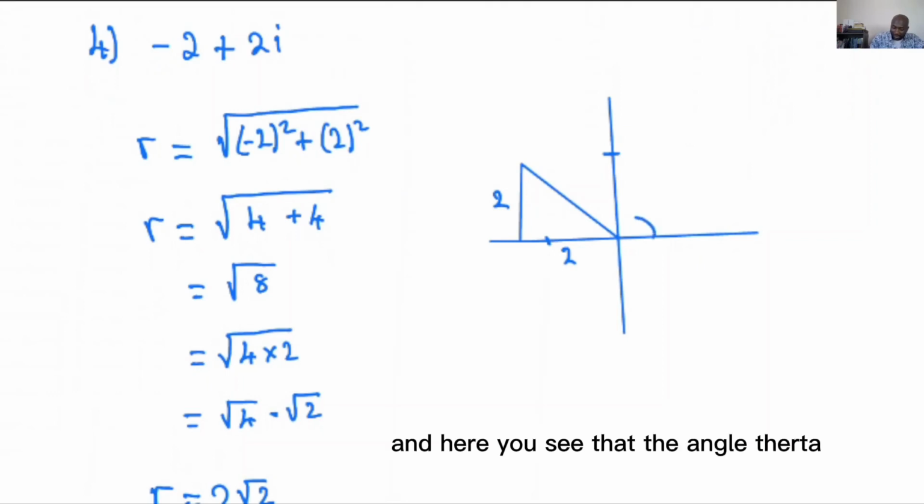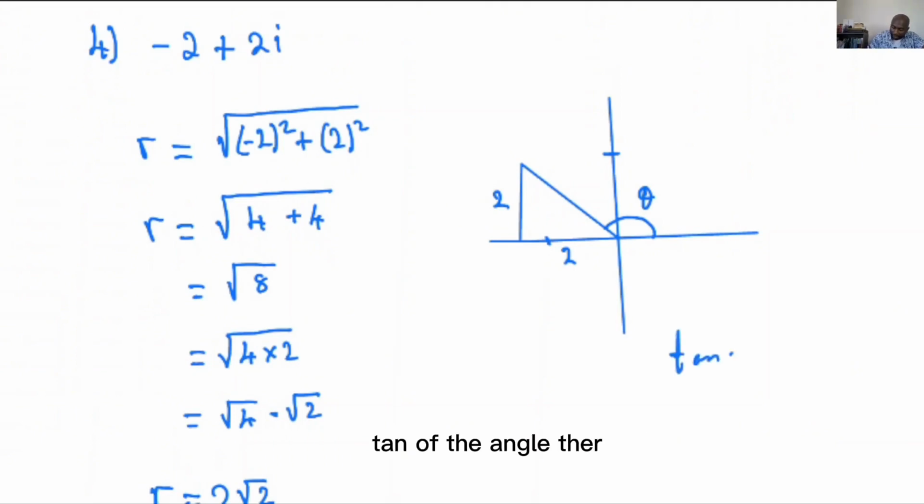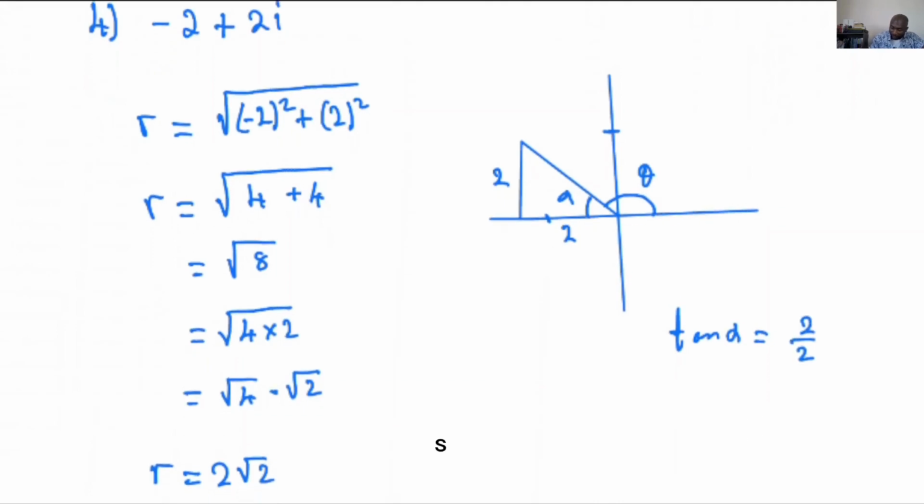And here you see that the angle theta, or the argument, must be obtuse, since it is in the second quadrant. So let's call this associated angle right here alpha. So tan of alpha should be 2 divided by 2. So tan of alpha is equal to 1.